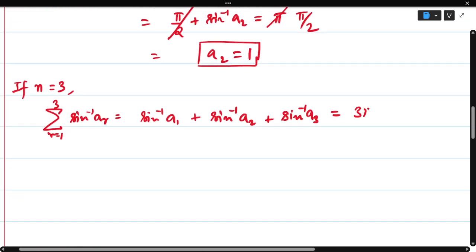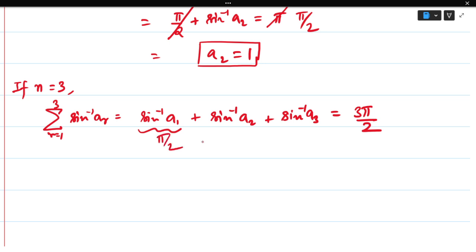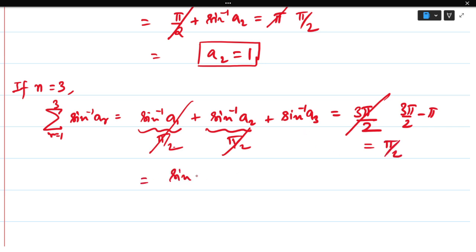Because the n value is 3. So if we observe, this is pi by 2, this is also pi by 2. Pi by 2 plus pi by 2 is pi. So from 3 pi by 2 minus pi, which is nothing but pi by 2 again, we conclude that sine inverse a3 comes out as pi by 2. So therefore we get a3 as 1.